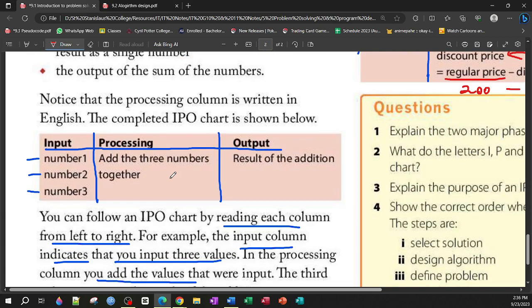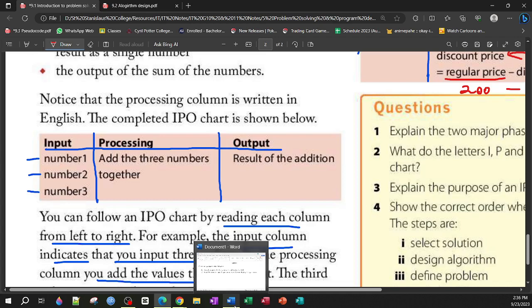Can you explain to me what is an IPO chart? So it takes the three different stages of the process and separates it to show you the, I wouldn't say progress, the steps of getting it done.